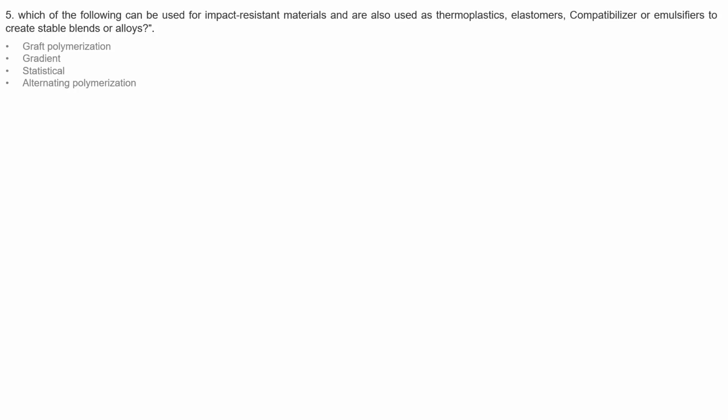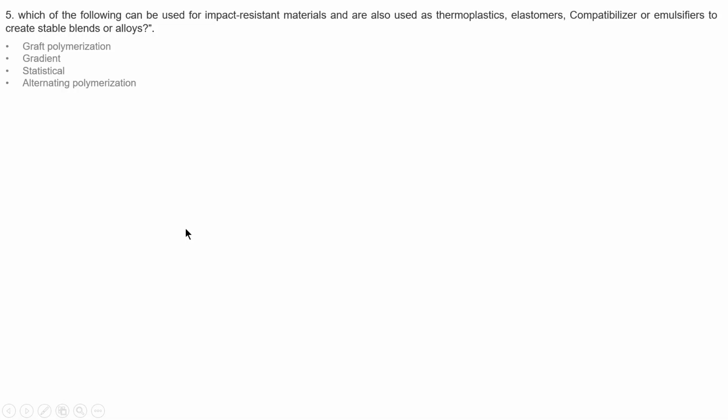To impart that rigidity, you need to have some kind of functional group, or some other monomer which can impart that property. But at the same time, the main chain should not lose its property, because it should behave as a thermoplastic or an elastomer, compatibilizer or an emulsifier to create stable blends or alloys. So for that, the best process to use will be graft polymerization.